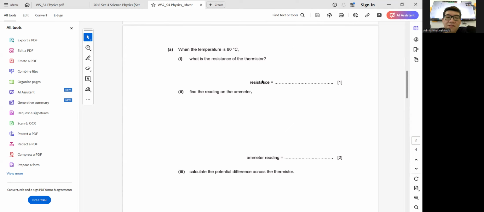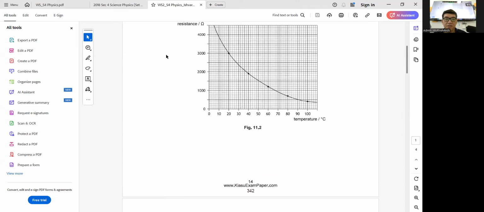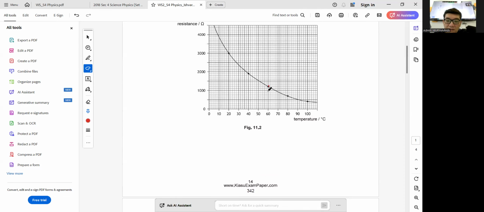Okay, what's the answer for this one? So if you look at 60 degrees, that's what I mentioned before. All you need is a graph because you're given the graph.